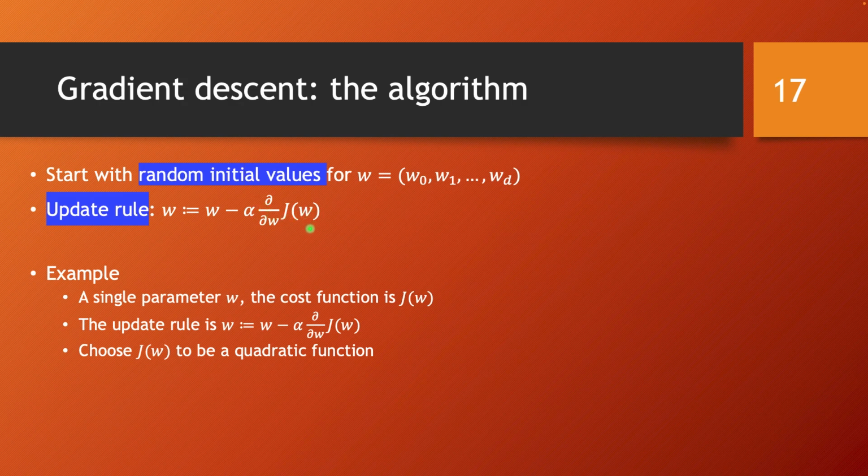I want to comment on a couple of things, and then I'll discuss one example where I choose this loss function to be something concrete so that we can see how these updates are done. But in general, this idea that you take the partial derivative of the loss function with respect to the parameters corresponds exactly to the intuition we had in the visual setup of the previous slide.